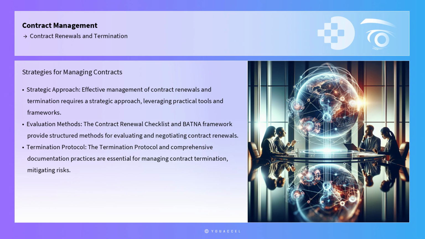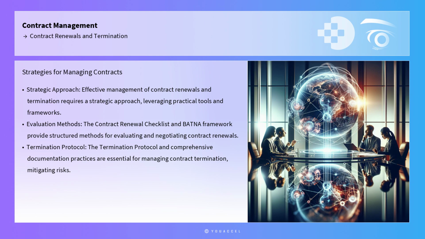In conclusion, effective management of contract renewals and termination requires a strategic approach, leveraging practical tools and frameworks to navigate the complexities of these processes. The Contract Renewal Checklist and BATNA framework provide structured methods for evaluating and negotiating contract renewals, ensuring alignment with organizational goals and securing favorable terms.